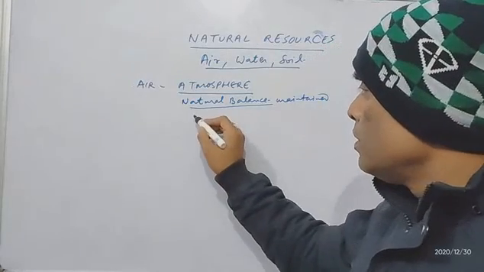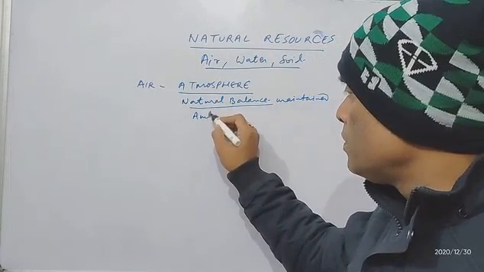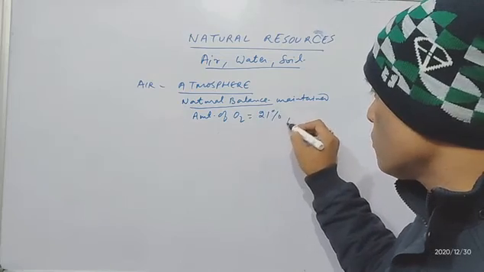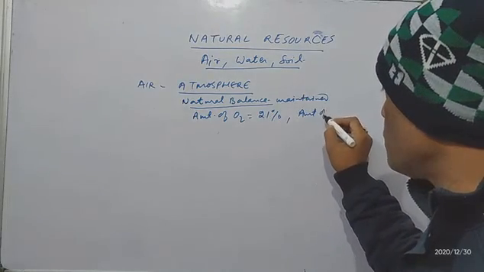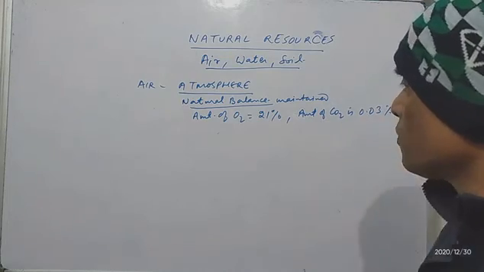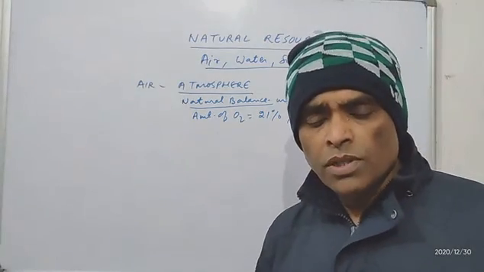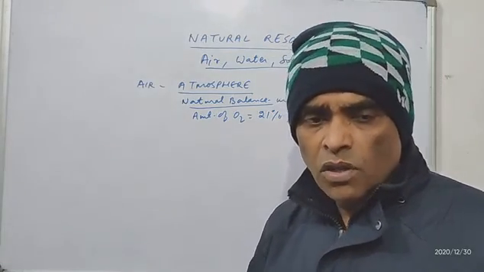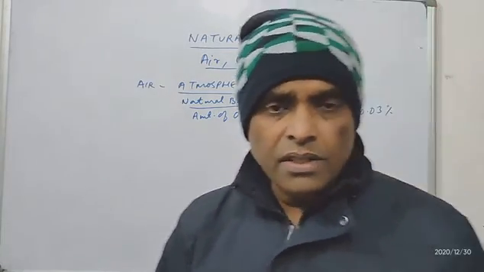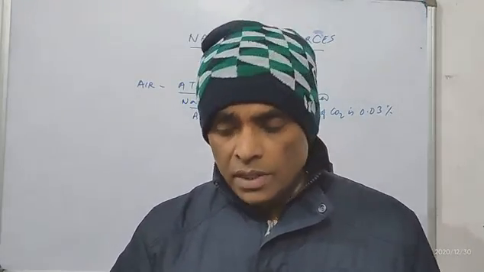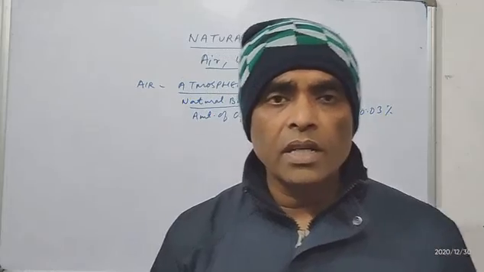The amount of oxygen that you remember is 21%. The amount of CO2 is just 0.03%. It is so important, 0.03%. We have talked about this CO2. Increase in the concentration of CO2 is harmful in many ways. In the coming part of this video, we will understand about that.